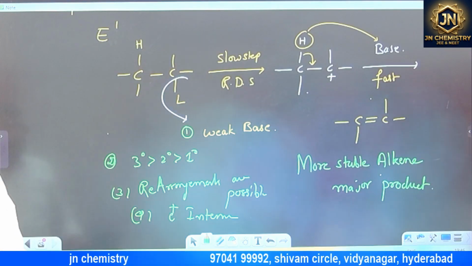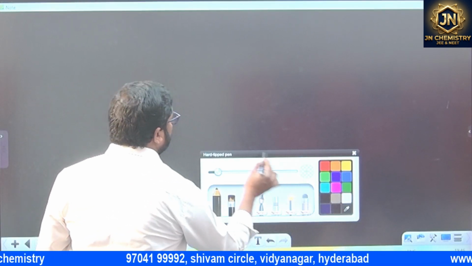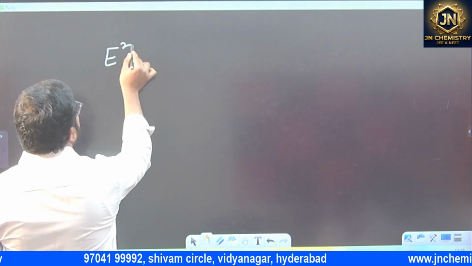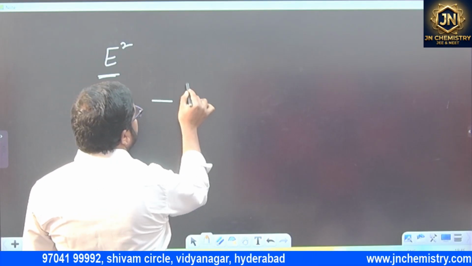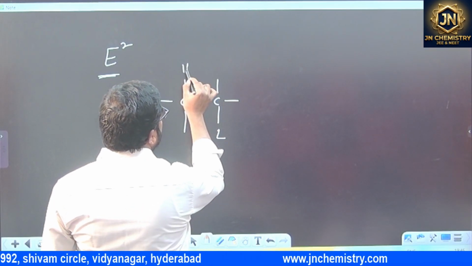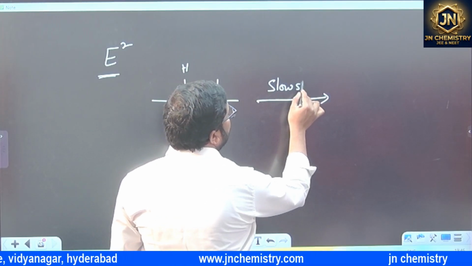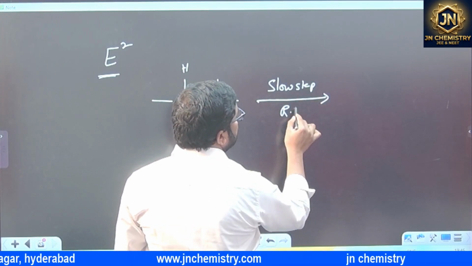Okay. Next one, E2. What exactly happens in E2 cases? The leaving group and hydrogen go in a single slow step, the RDS.